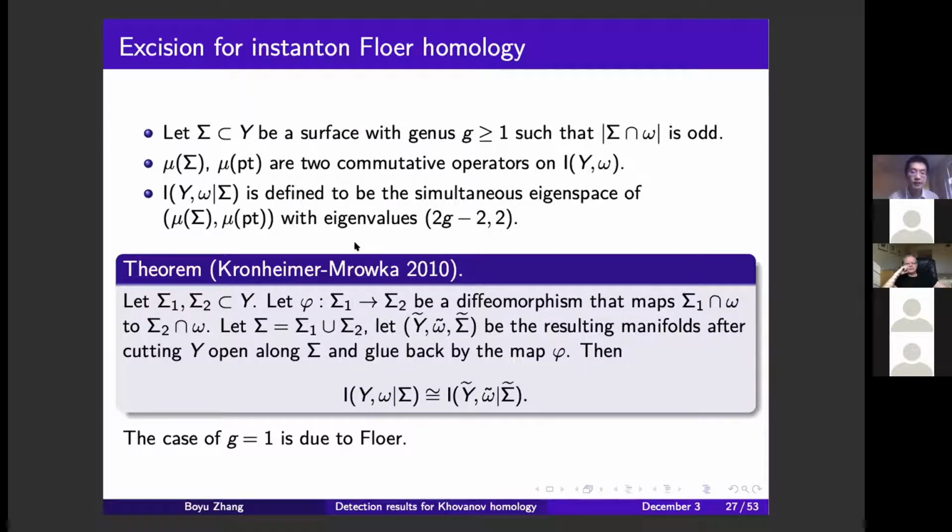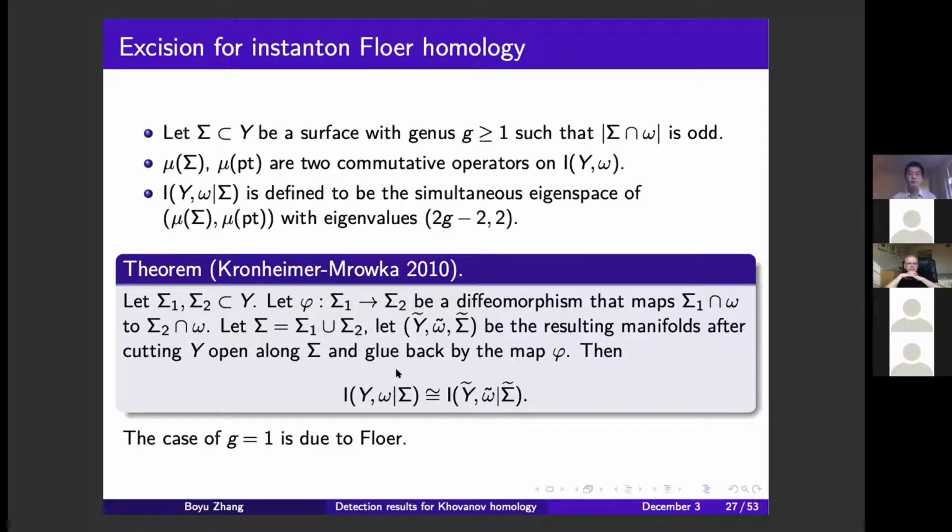And if we define this space, then Kronheimer and Mrowka proved that under a certain surgery operation, this particular subspace of instanton Floer homology always remains the same. More precisely, if we take two different surfaces that are disjoint and intersect omega in the same number of points inside Y, and if we fix a diffeomorphism from one surface to the other, then an operation we can do is to cut this three manifold open along those two surfaces and then glue it back using the diffeomorphism.